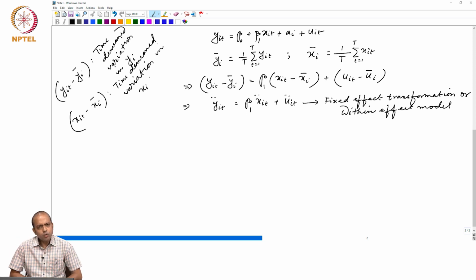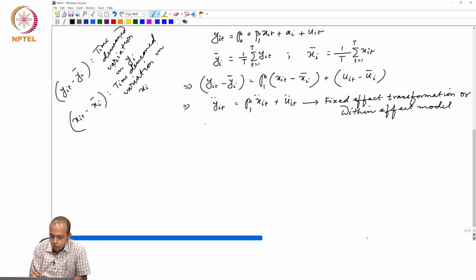Now, we may think that this fixed effect model has a limitation. What is the limitation?